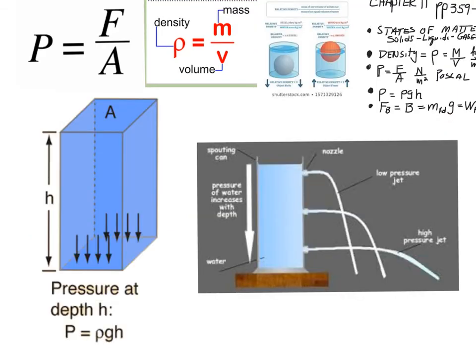Okay, pressure due to a fluid. I think we all have a good intuitive sense that pressure depends on depth. So if we had this water tank and we punched a hole here, it's going to squirt out a lot more than here because the pressure down here is greater.